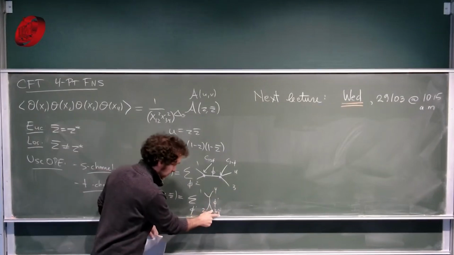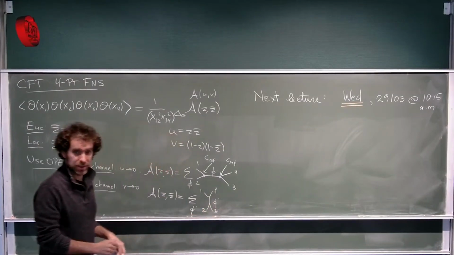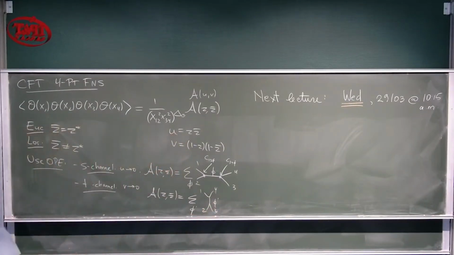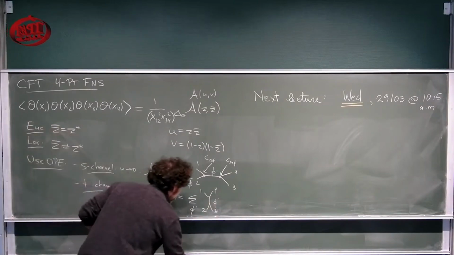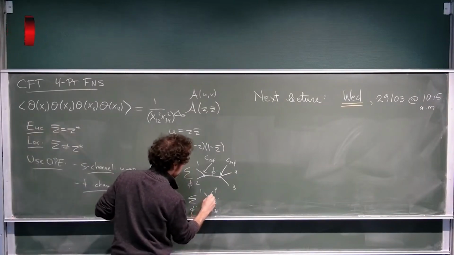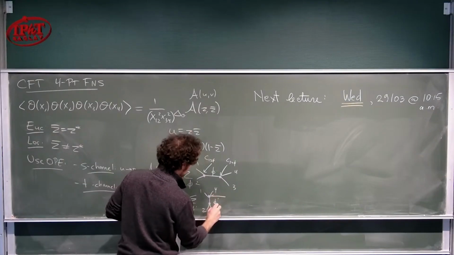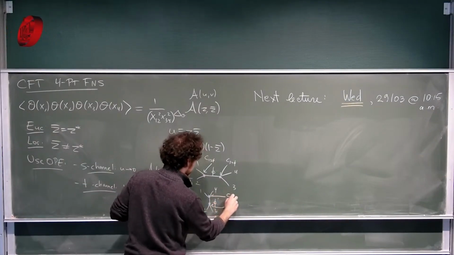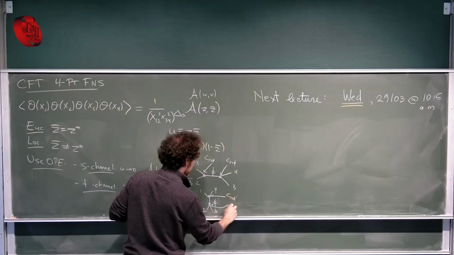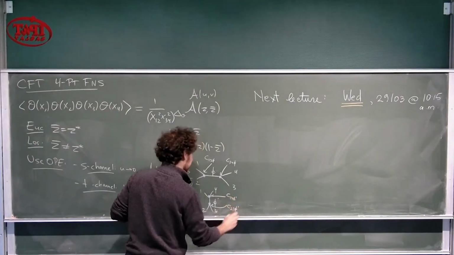Again, I'm assuming a little bit of familiarity with this. If you want me to stop and slow down, please do that. So here we instead have other OPE coefficients, C1 4 5 prime, C2 3 5 prime.